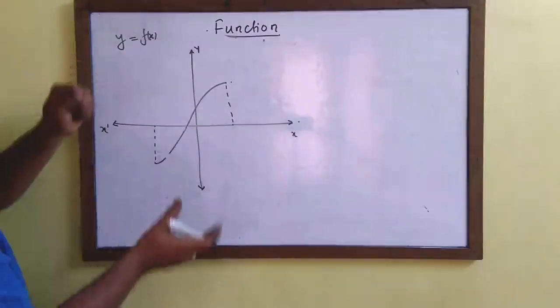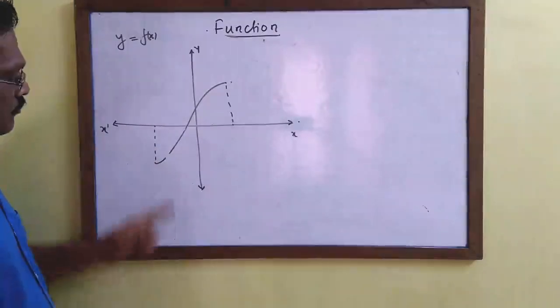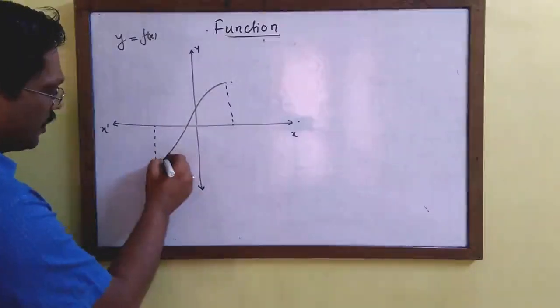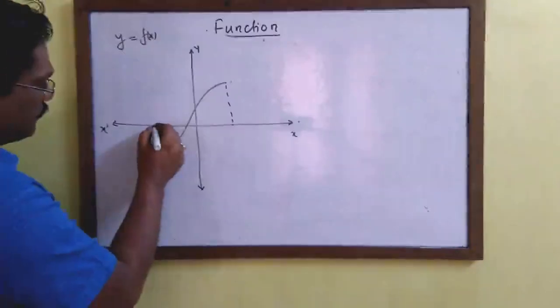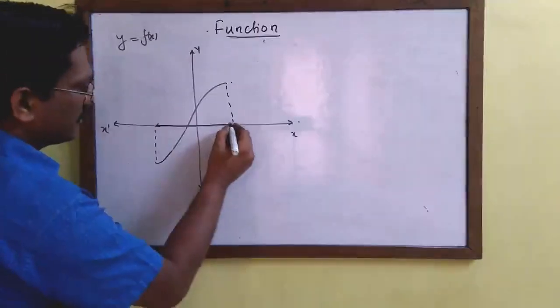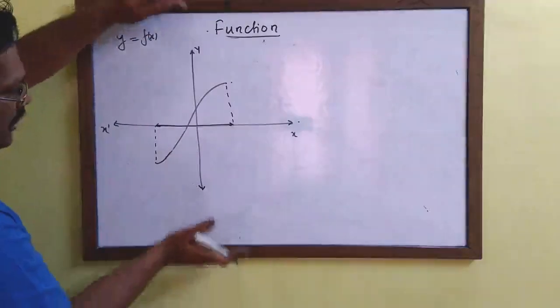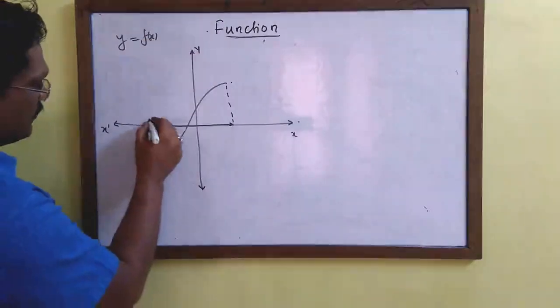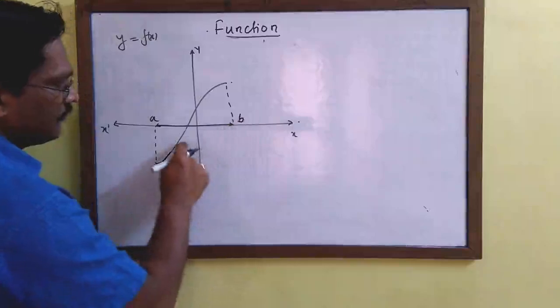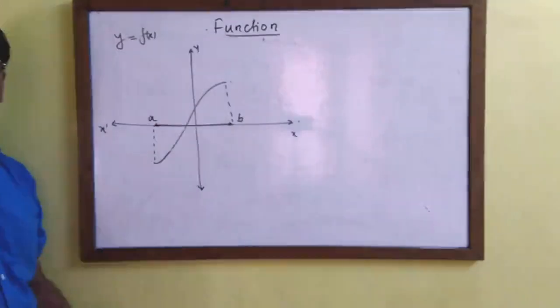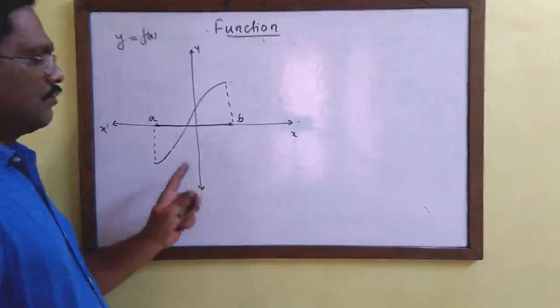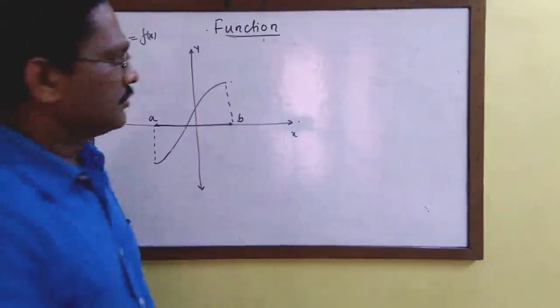Now, if I want to collect all the x coordinates occurring on this graph, I have a very simple option. Let's take the projection of this over the entire x-axis. That means the shadow of this graph over the x-axis comprises A to B. So the projection of any graph over the x-axis will give you nothing but the domain of the function.